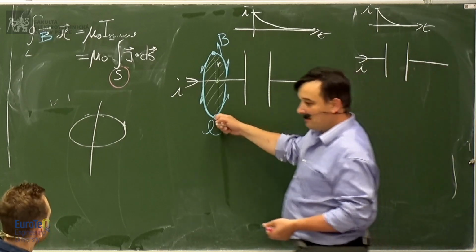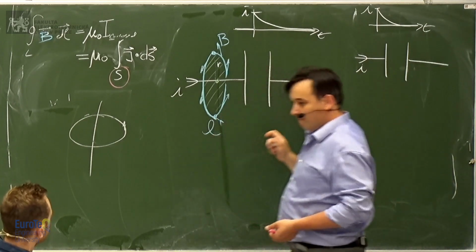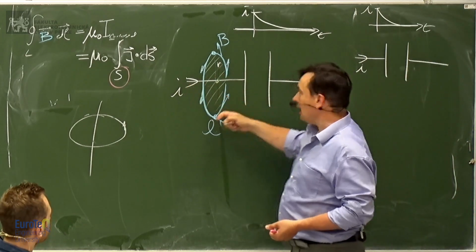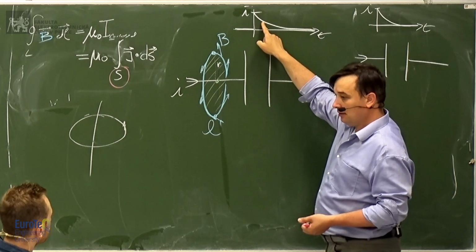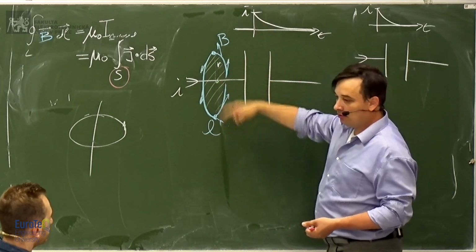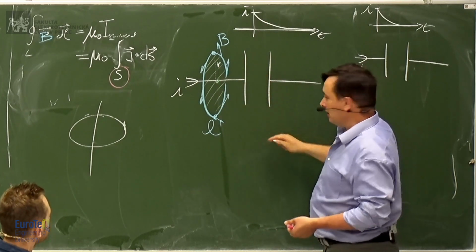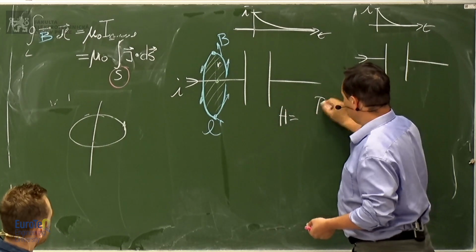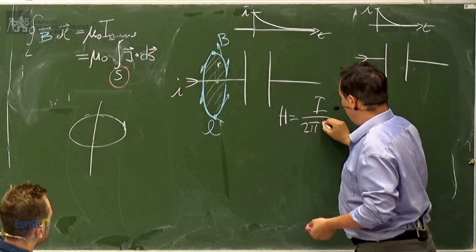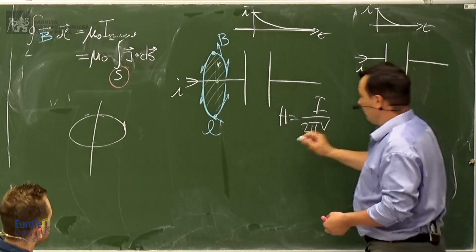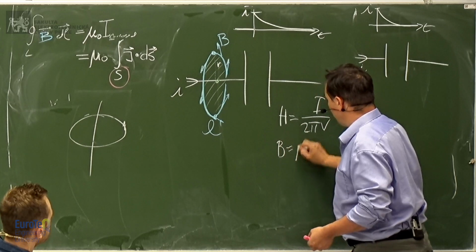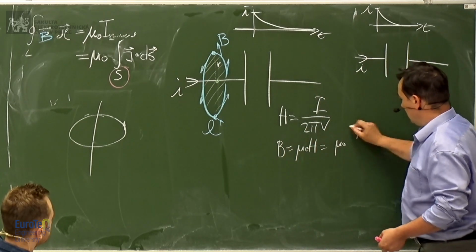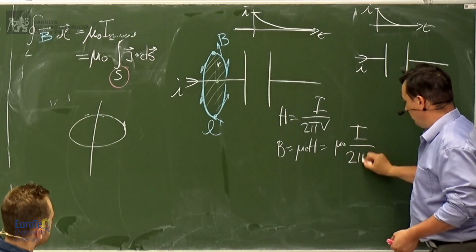Fine. I have a magnetic field here, and it's generated by this current. So you take this plot, you consider the geometry, you know that H is equal to the current divided by 2 pi r, and therefore B is equal to mu0 H, so it's mu0 I over 2 pi r.